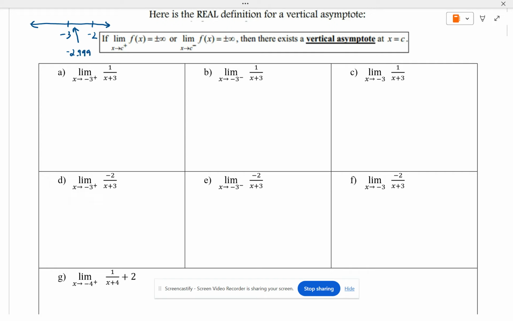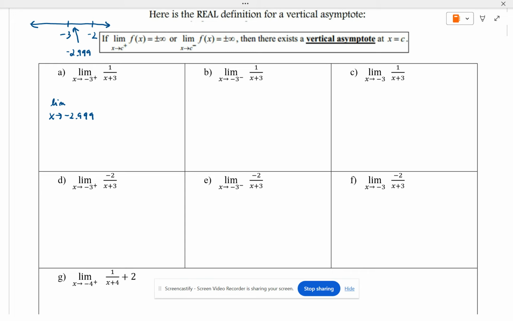So if we took -2.999 and plugged it into the function, what's going to happen? Let's see. This is essentially -3 from the right.